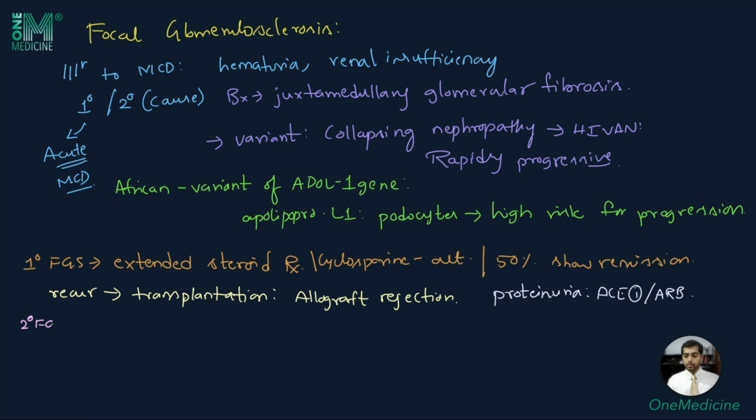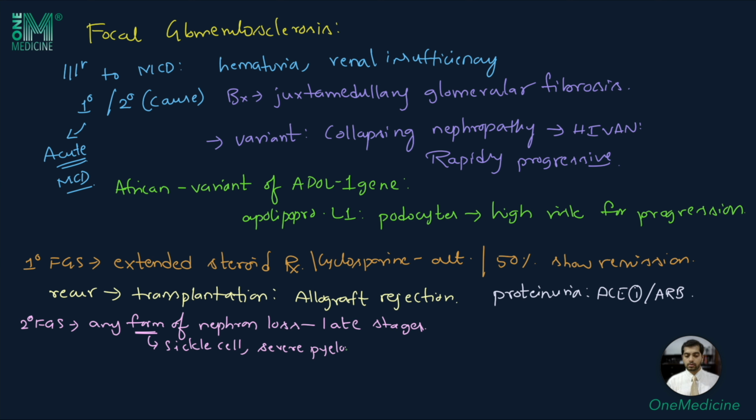Secondary focal glomerulosclerosis can occur with any form of nephron loss, but it occurs usually in late stages. These conditions can include sickle cell, severe pyelonephritis, remote glomerulonephritis, or even vesico-ureteric reflux.